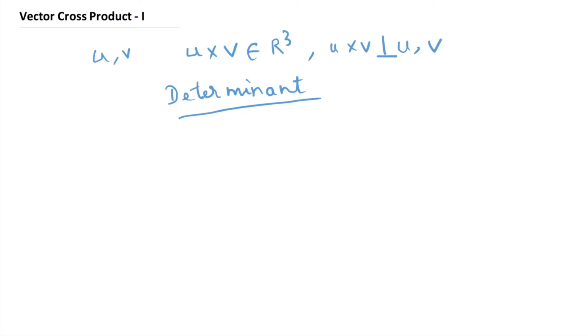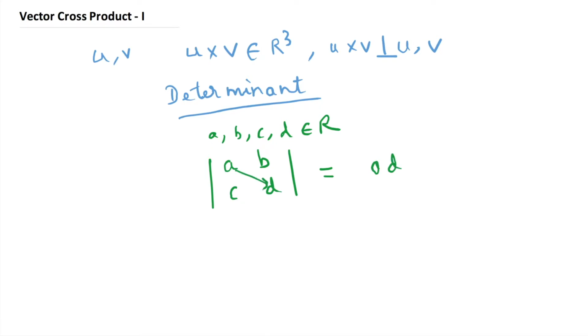So let's say we have four numbers a, b, c, d, and they are just scalars, and a 2 by 2 determinant, denoted by a, b, c, d like this, is equal to the number a into d minus b into c.